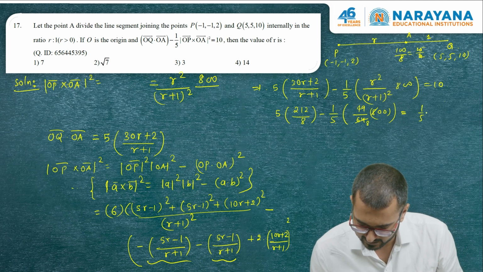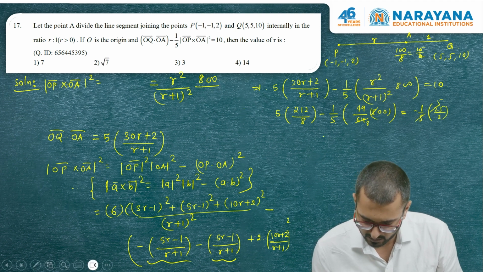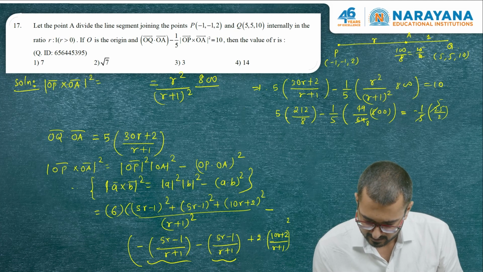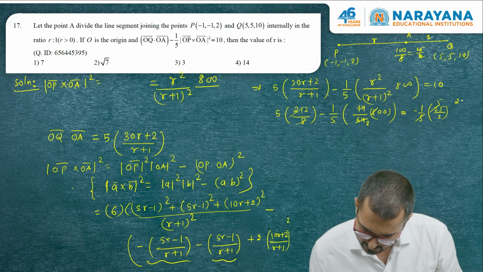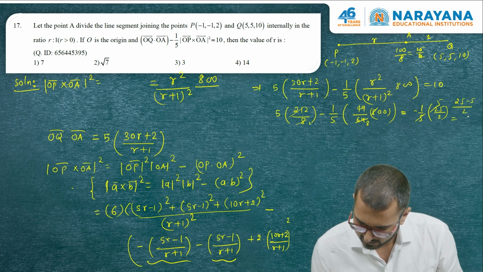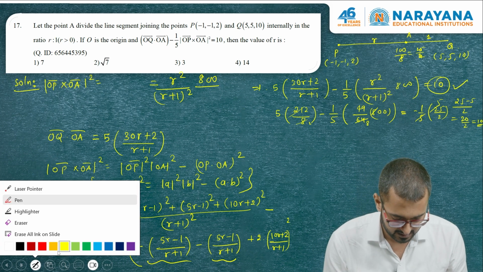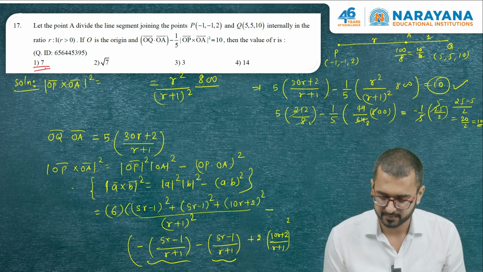So 1 over 5, and then we have here 25 by 2. So yes, 5 5s I cancel, 5 over 2 I'm getting, and then this is giving me 25. So it's 25 minus 5 over 2 total. So we'll give you 20 by 2, which is 10. So yes, satisfied. That means r is equal to 7 must be the correct answer for this.